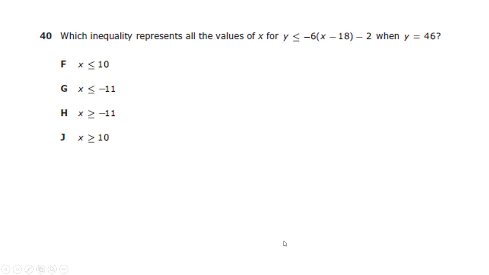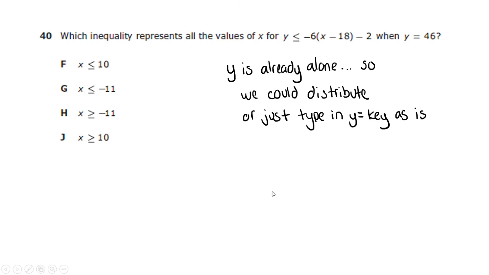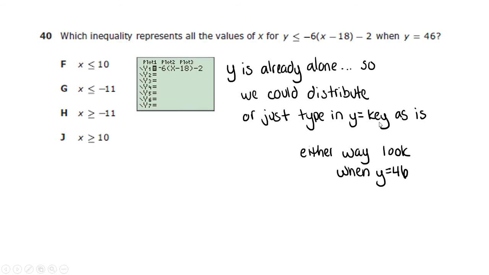Okay, only 2 more questions and then we're done for today. So number 40, it's talking about inequality. We talked about inequalities on day 6. Now, your first hint. Y is already alone, so that means you don't have to distribute. You could type it in just like this, -6 parentheses x minus 18, close parentheses minus 2, into your y equals key, and then look when y equals 46.